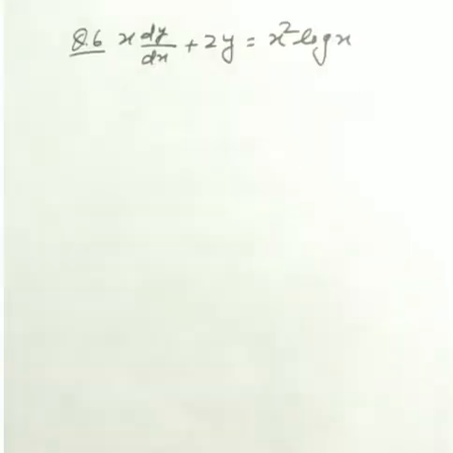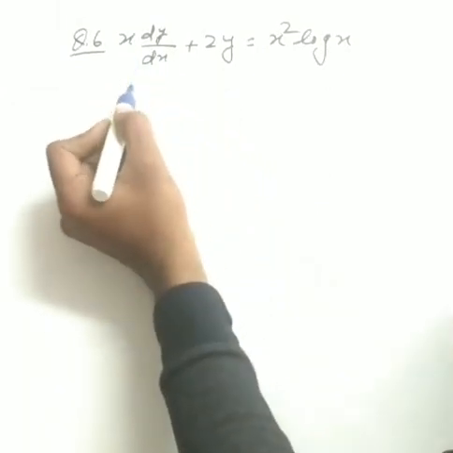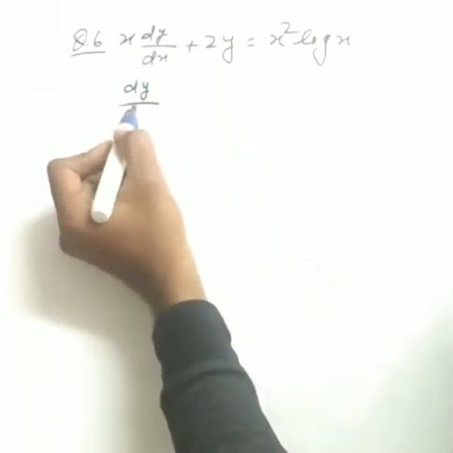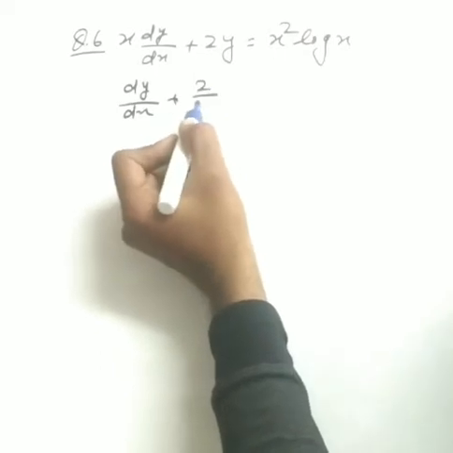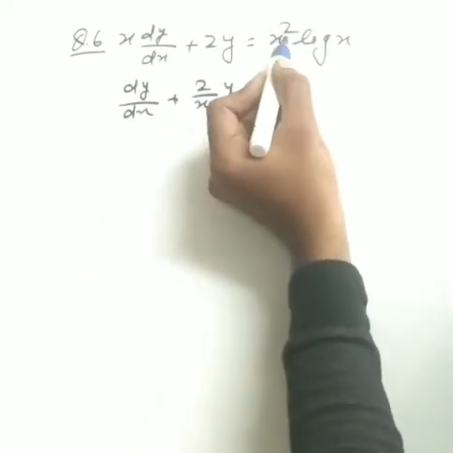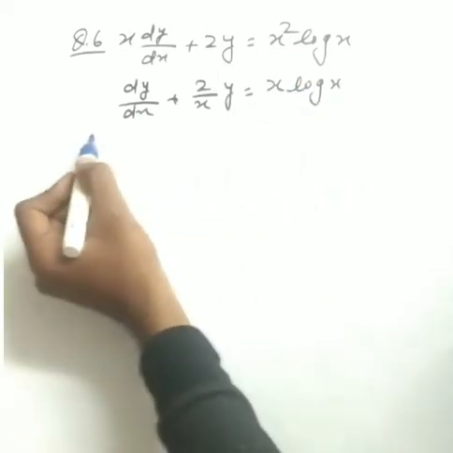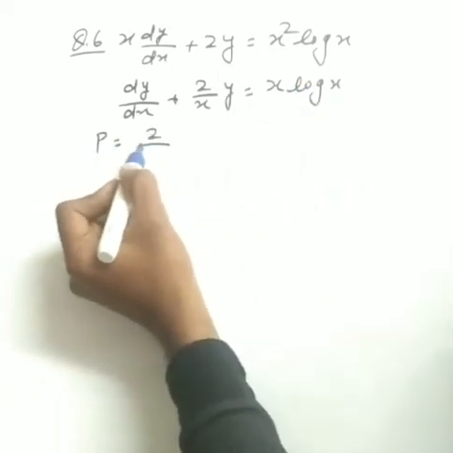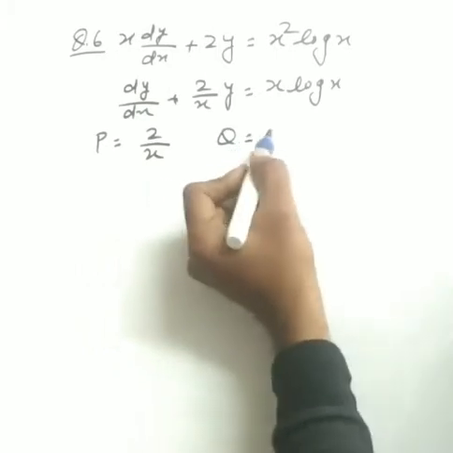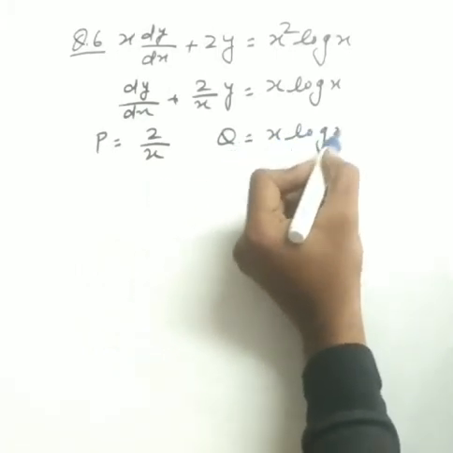Here to solve this differential equation, first divide it by x: dy/dx plus 2 upon x times y equals x log x, since x square upon x is x. P is 2 upon x and Q is x log x.